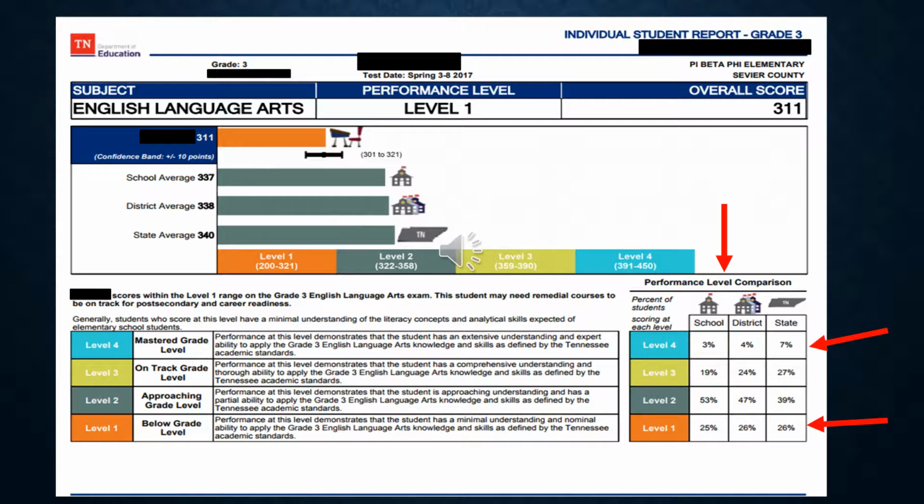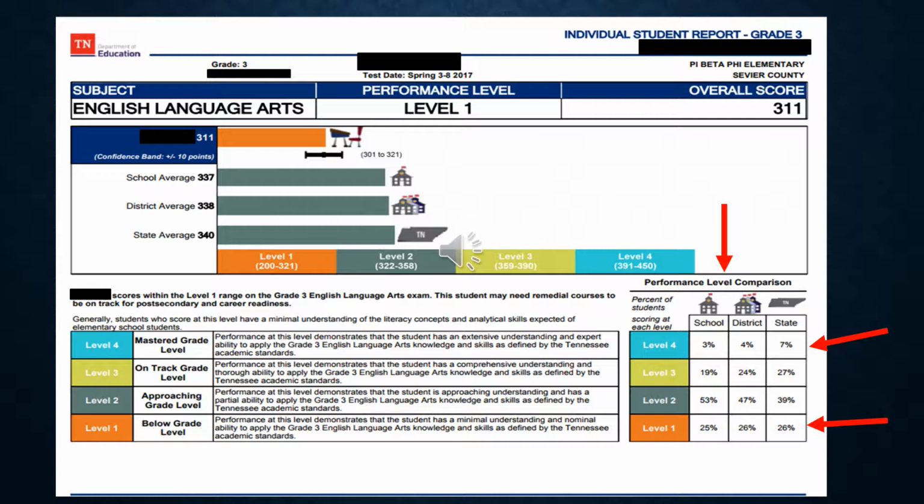Lastly, for this page, this graphic shows the percentage of students scoring in each performance level for the school, district, and state. For instance, you can compare this student who is in performance level 1 and see that 25% of the school also scored in this level 1 range, from 200 to 321 overall score.